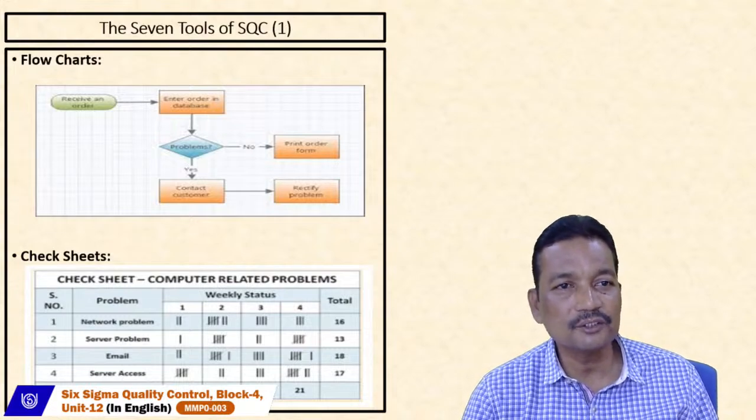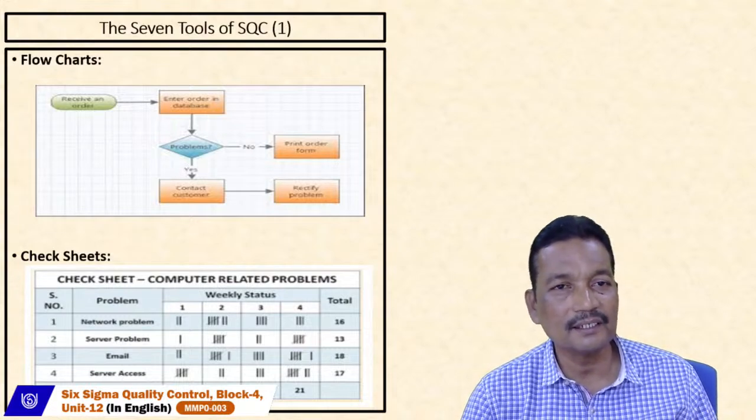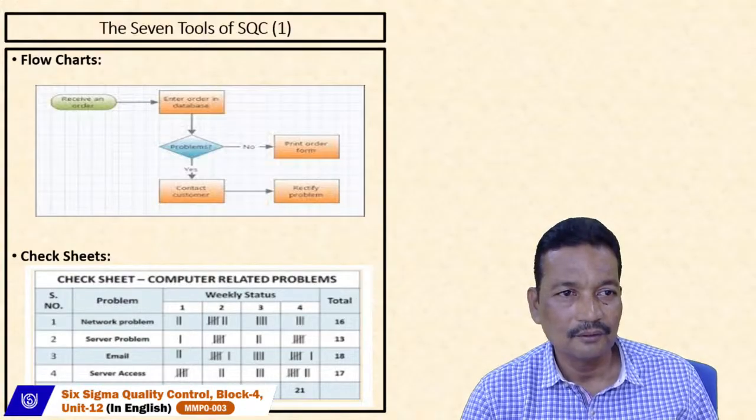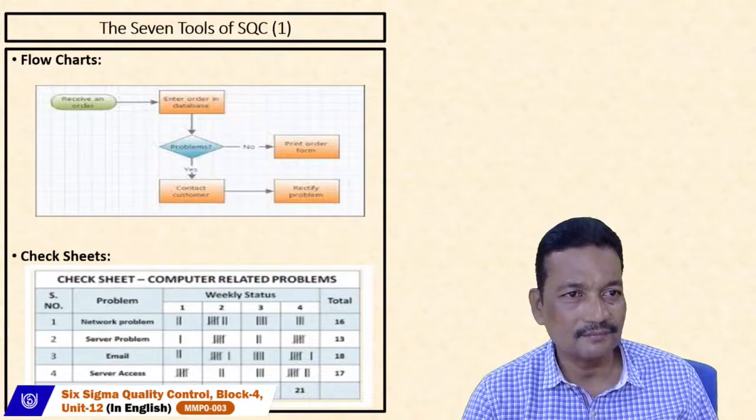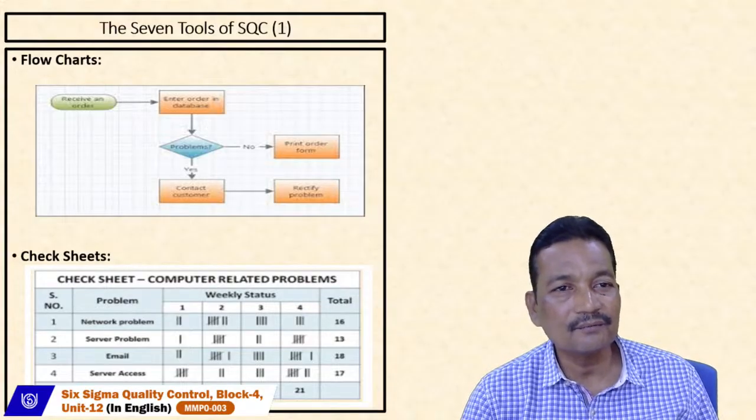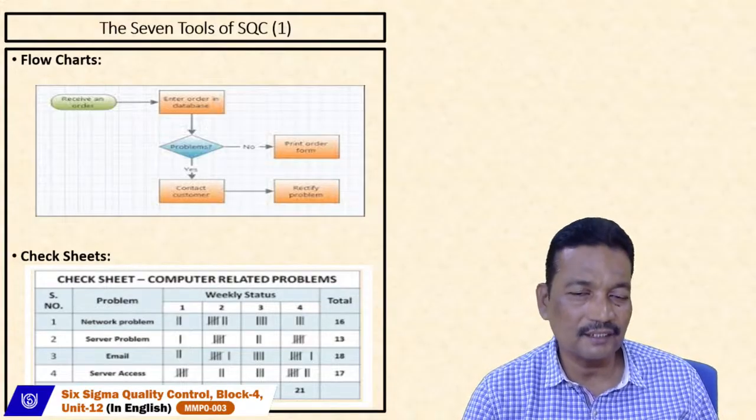Now the 7 tools of statistical quality control. First is flowcharts. Now it is in the form of a flowchart.